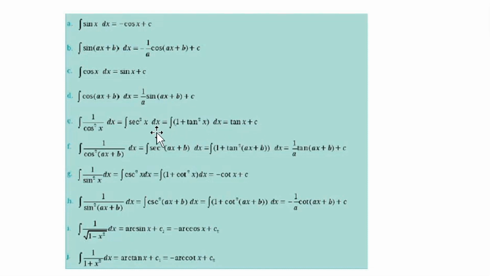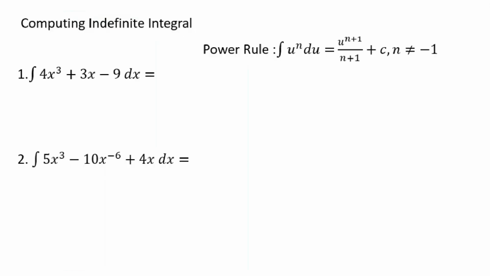So the antiderivative of the first three statements is equal to tangent x plus a constant. In a similar manner with letter F and letter H. Okay, so please be familiarized with the formulas so that you will easily apply them in the next examples.